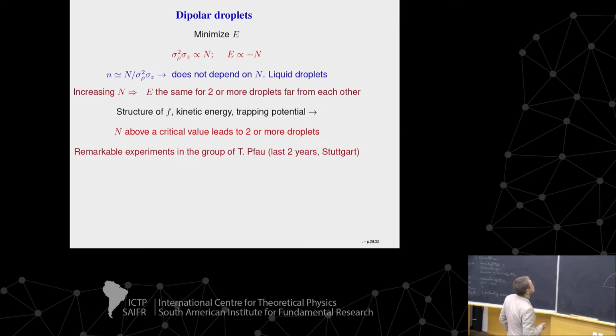You get so-called liquid droplets. When you increase N, energy is the same for two or more droplets far from each other. And if you increase N above a critical value, this leads to 2, 3, 4, 5 droplets and so on. All this is consistent with experiments in the group of Tilman Pfau.